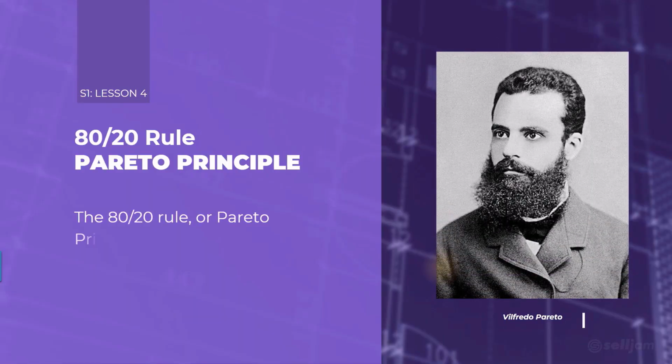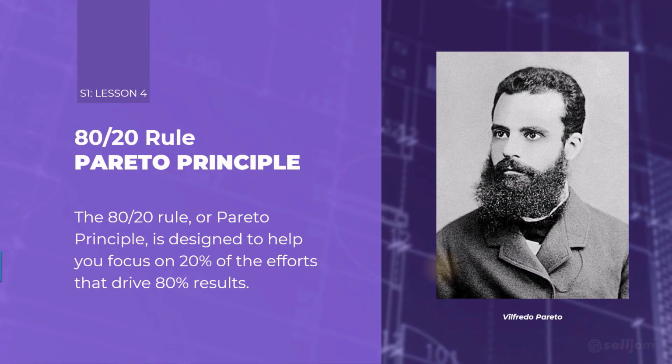So how this came about, there was an economist and a sociologist. He was called Vilfredo Pareto. He was based in Italy, and what he noticed is that 80% of the wealth was owned by 20% of the population. And as he investigated further and looked into other industries and areas, he could see that the same principle applied.